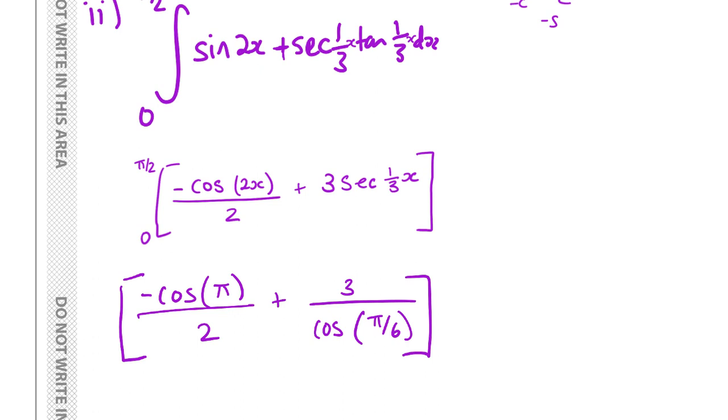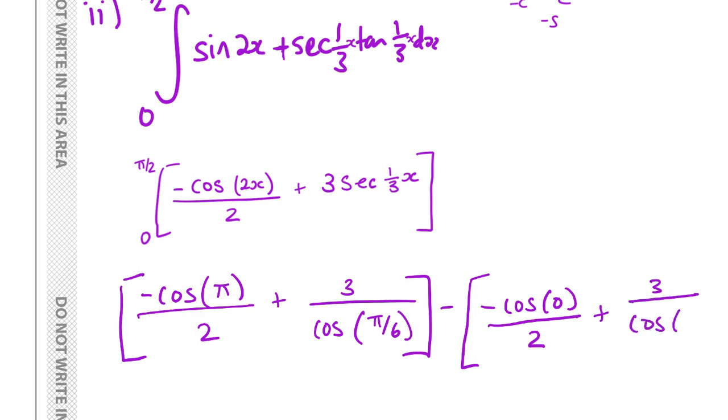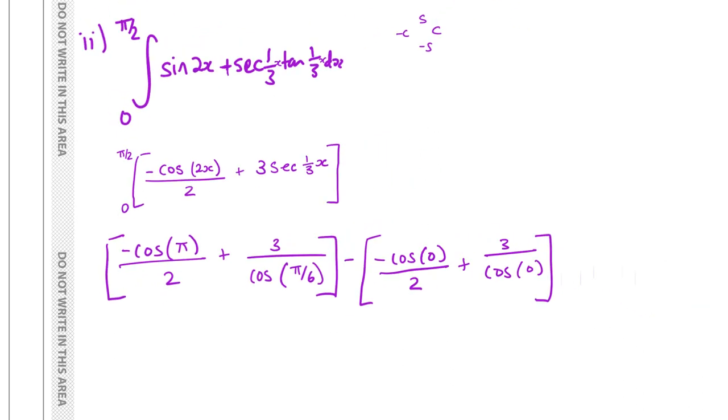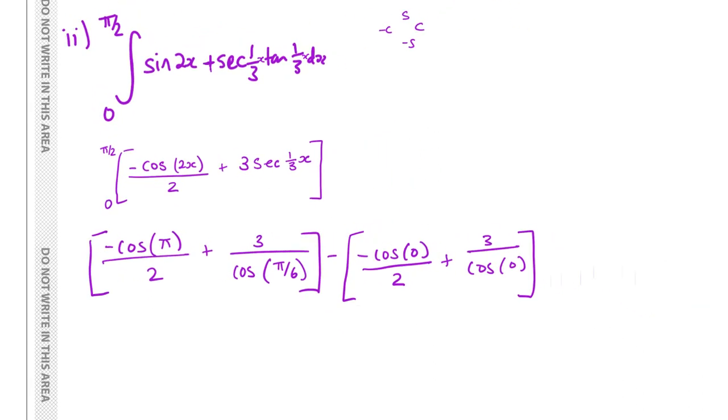Then this is minus cos of 0 over 2 plus 3 over cos of a third times 0, which is 0. I'm not going to put the whole thing into my calculator, I'm going to put each section into my calculator.